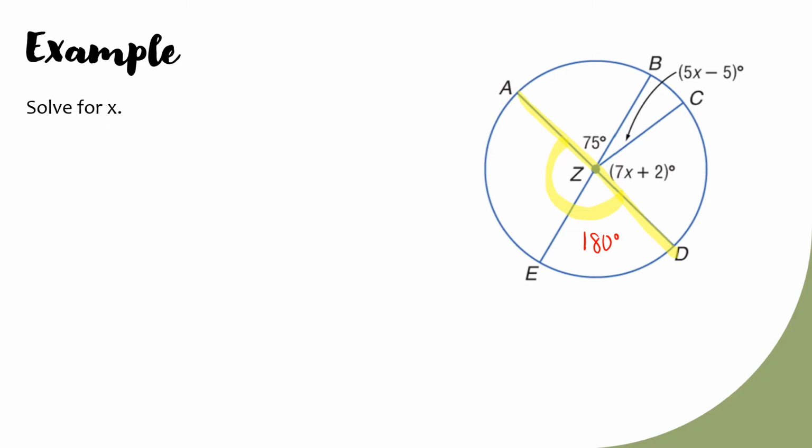We could start off with a really simple equation stating that all of these add up to 360 degrees. So I'm going to write 360 is equal to 180 plus 75 plus, let's see, we've got one that's 5x minus 5, and the last one, 7x plus 2.